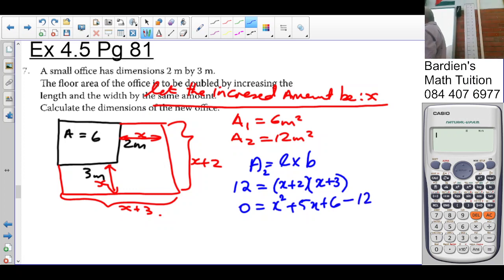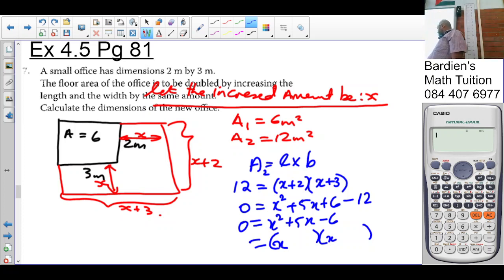Not so? So it's going to be 0 is equal to x squared plus 5x minus 6. Again a trinomial here, not so? So I'm going to get the x and the x, 2 and the 3. Do you all agree with that? No. What must we do with our products? Subtract, the 2 minus 3 is 1. So it's actually a 6 and a 1. Plus 6 minus 1.